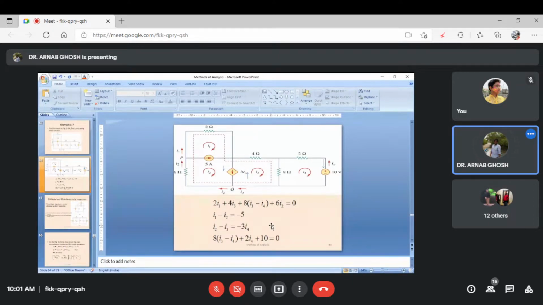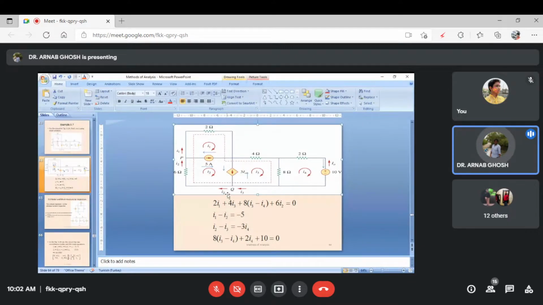Is this clear now? You understood this? I1 minus I2 as 5 ampere, because I1 was in this direction and your I2 is in this direction. So if I am writing I1 minus I2, this will be equal to minus 5.